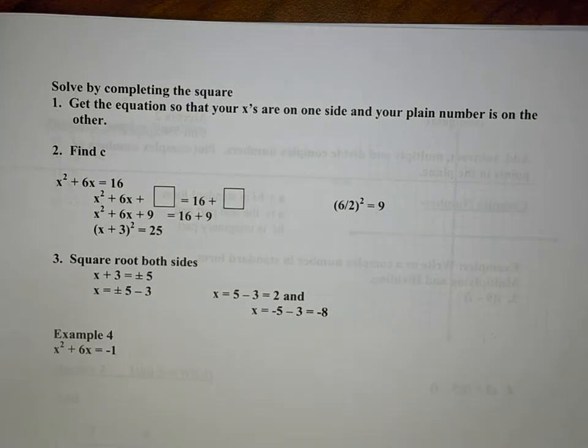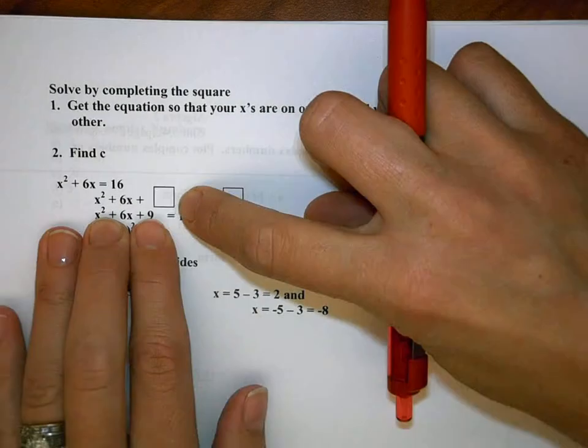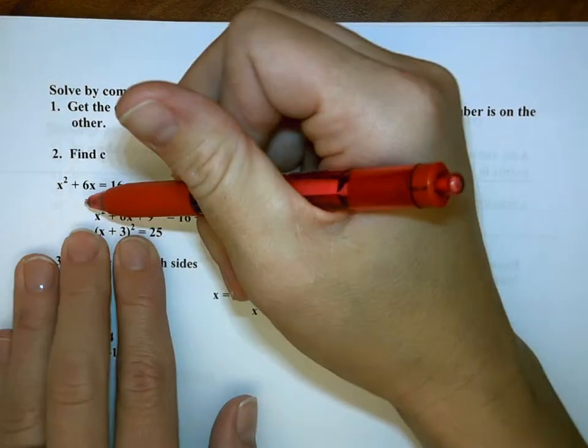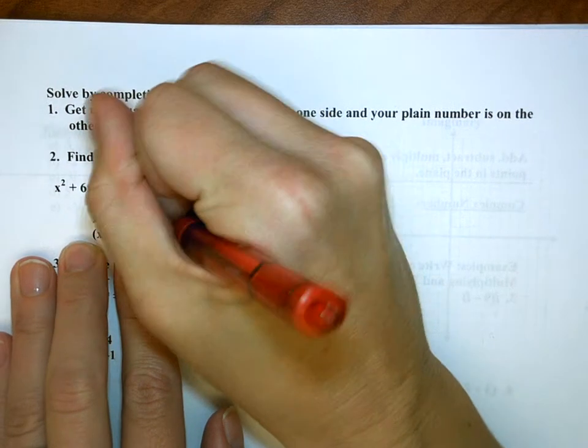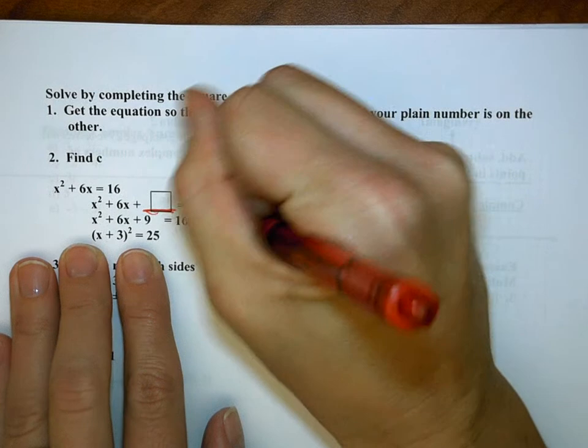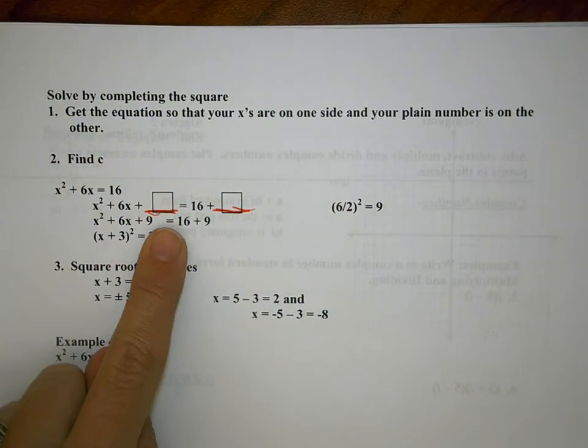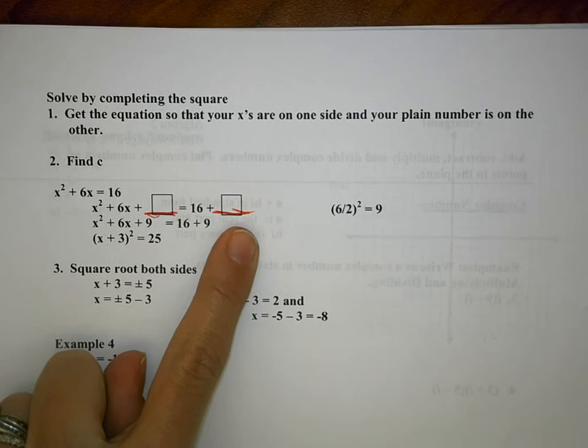Then, to complete the square, because we want to make a C value that will make it a square, I have a box here, but I normally just make a blank to save myself time. So what you do is you write x squared plus 6x plus blank equals 16 plus blank.